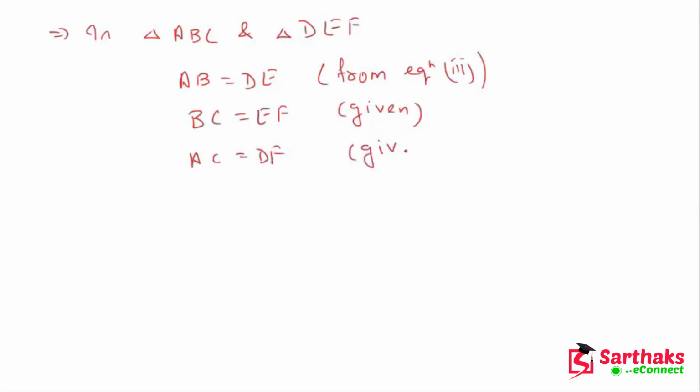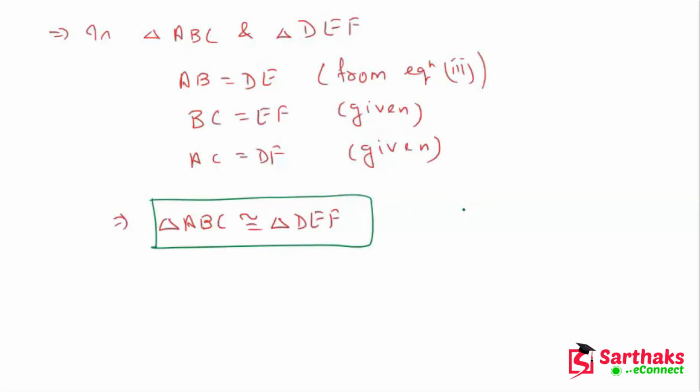This is also given. So we can write triangle ABC is congruent to triangle DEF by S, means side congruence rule. Okay, so this is the proof. So I hope you understand these things, my dear friends.